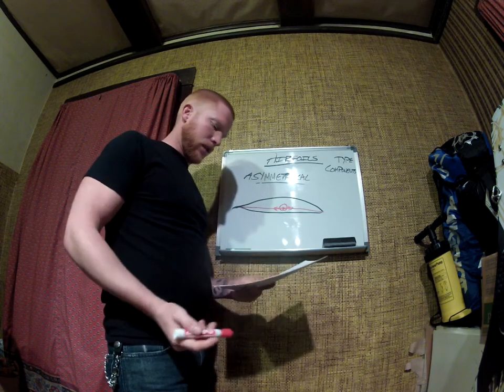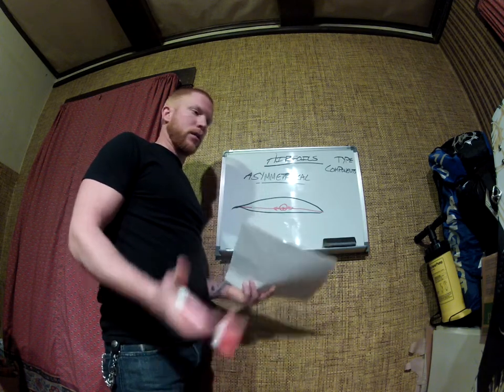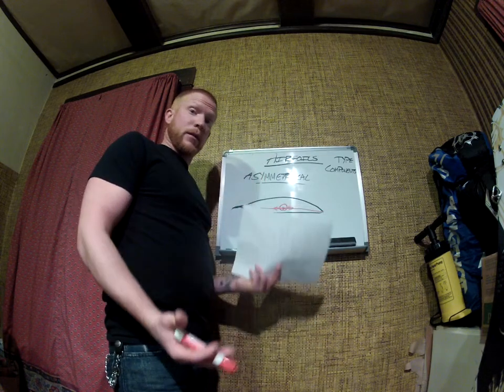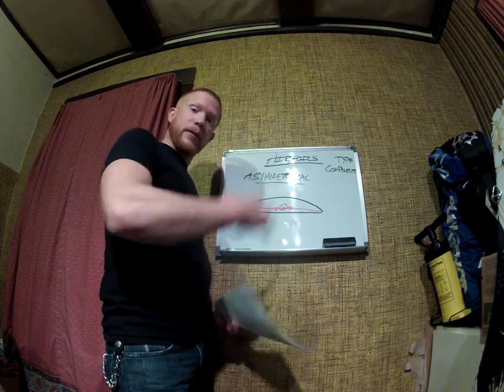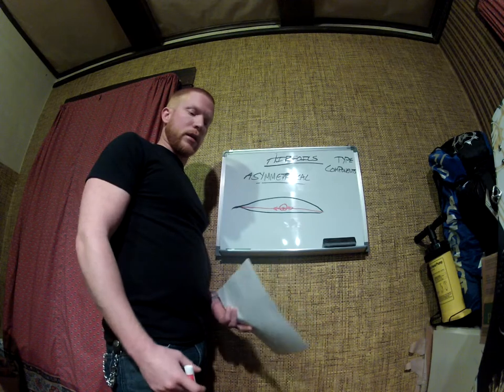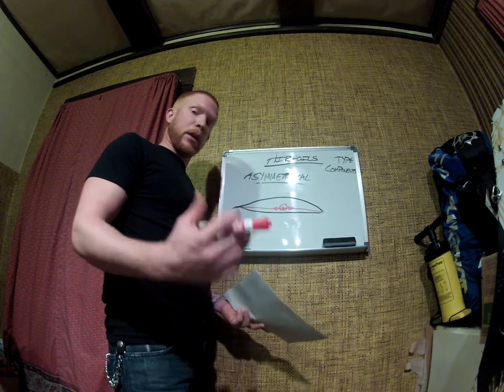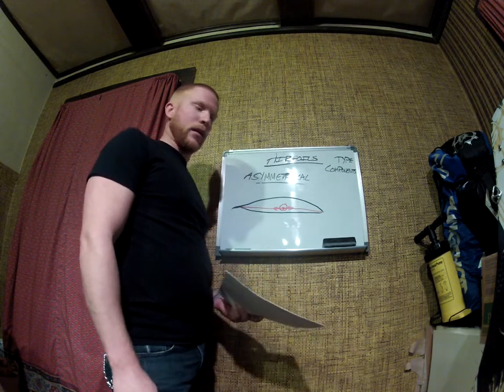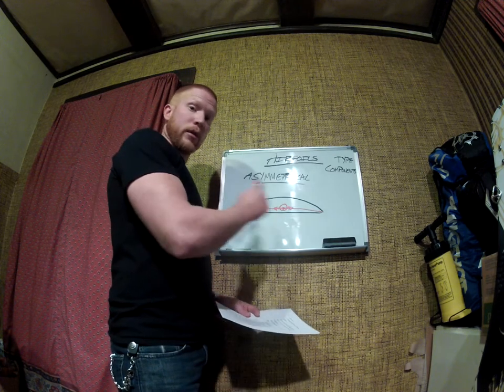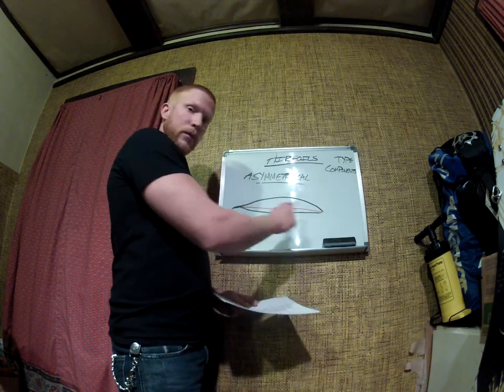And since the angle of attack is constantly changing due to the dissymmetry of lift, where it's always flapping down on the retreating side and flapping up on the advancing side, that center of pressure with an asymmetrical blade is constantly moving.